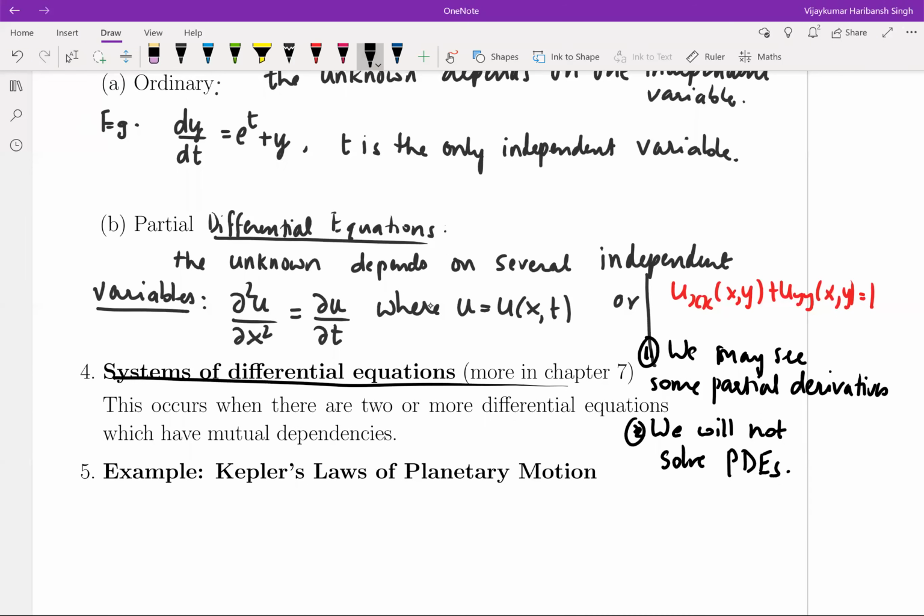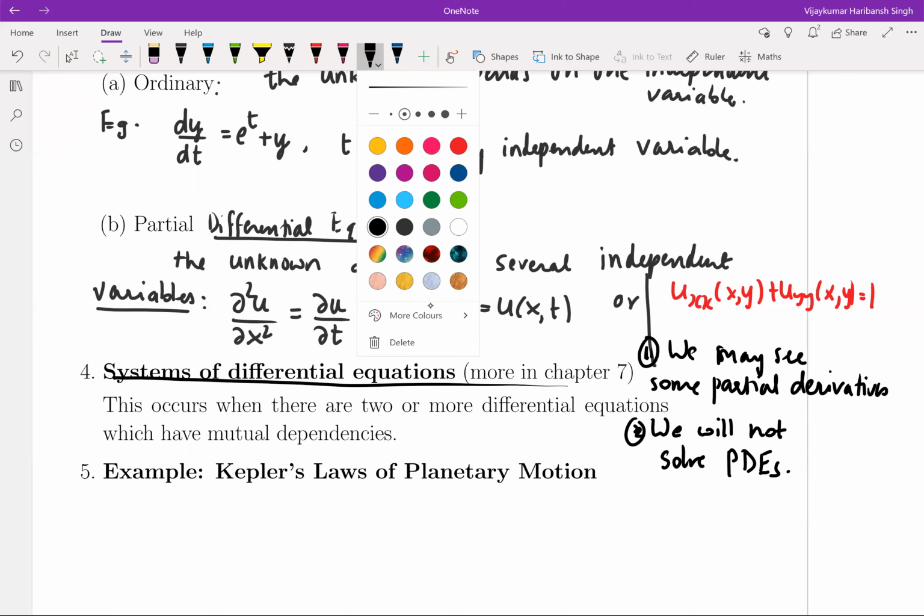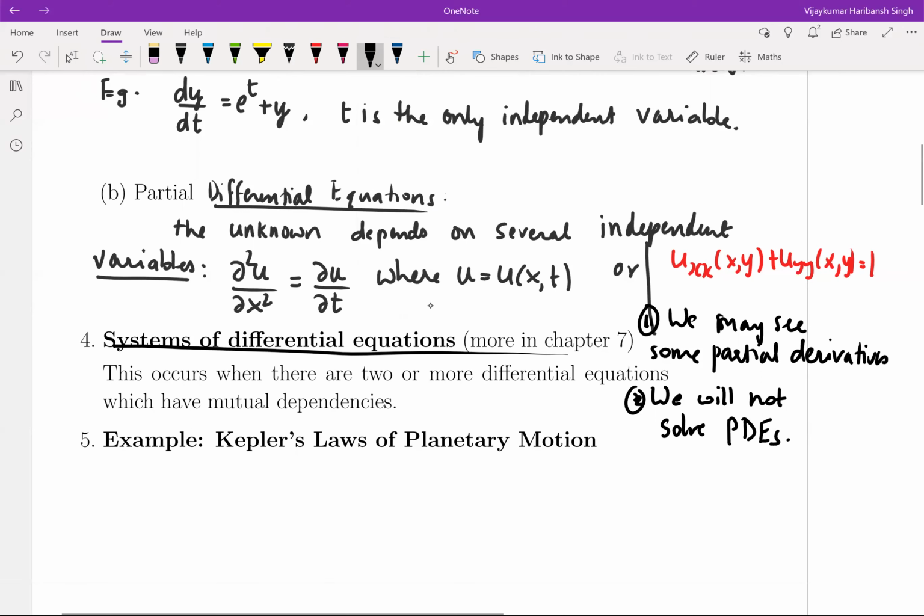The example comes from Kepler's law of planetary motion.